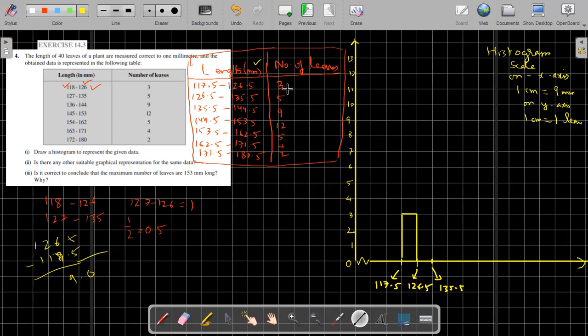Okay, then 5, so I have to go up to 5. Then after 5, 9, so we have to go up to 9.